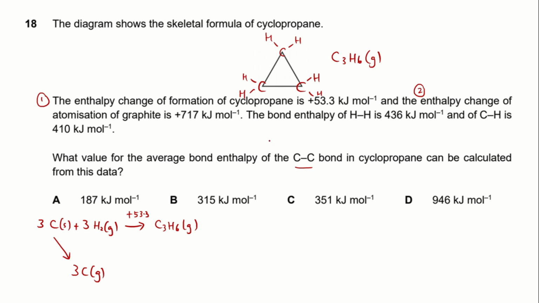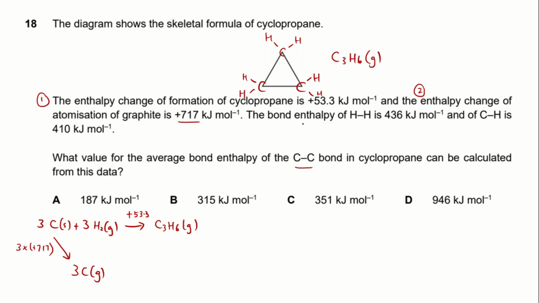The enthalpy change of atomization of graphite given here is positive 717 kJ per mole. It's for 1 mole of graphite. Here I have 3 moles, so the enthalpy change for this reaction will be 3 multiplied by positive 717.